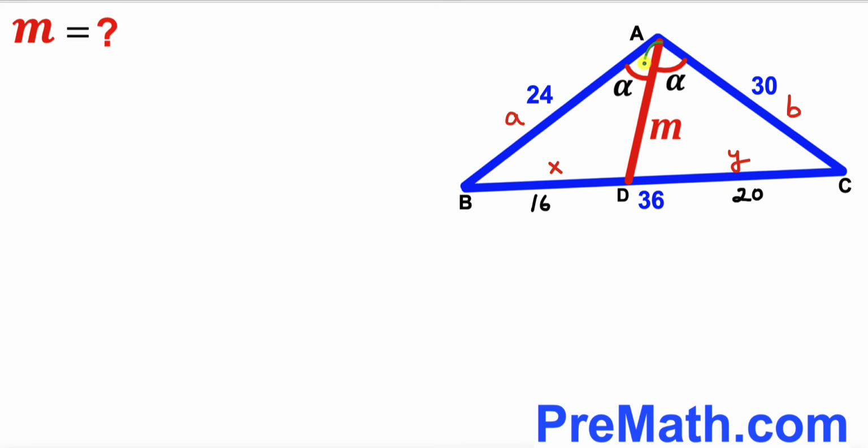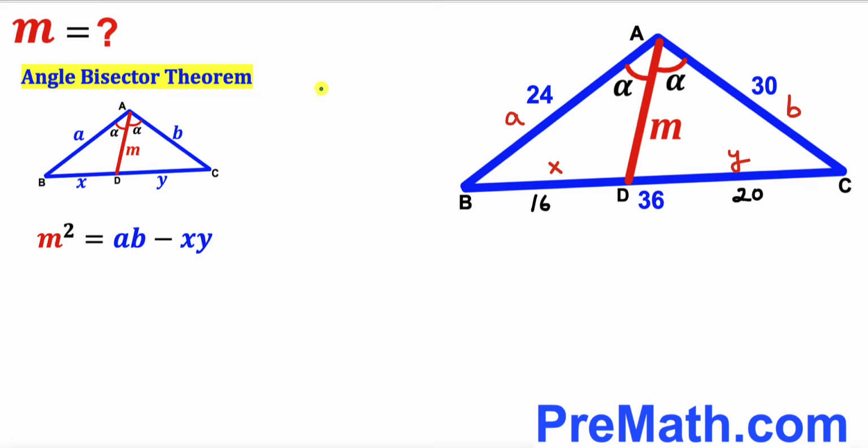And now we are going to calculate this m value. In other words, we are going to find this angle bisector length. And now let's recall the angle bisector length theorem once again for this triangle ABC, along with this angle bisector AD, such that this side length is lowercase a, this side length is lowercase b, this horizontal segment is x, this segment is y, and finally this angle bisector is represented by m.